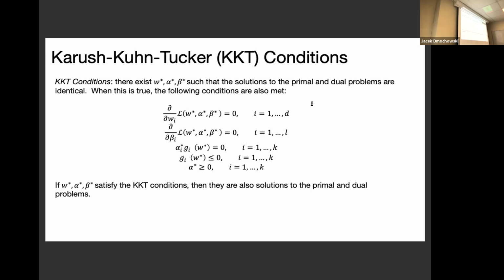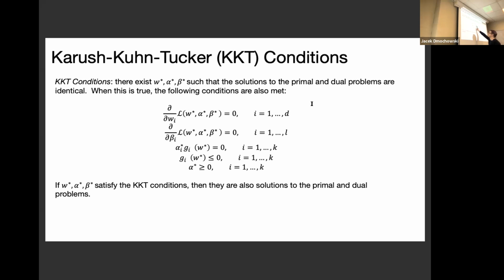We know that for a function that has no constraints and is convex, it doesn't have to be one-dimensional, if the derivative of that function is 0, then you know you've hit a local minimum. For a function that has a constraint, you basically need the first 2 lines to be true.